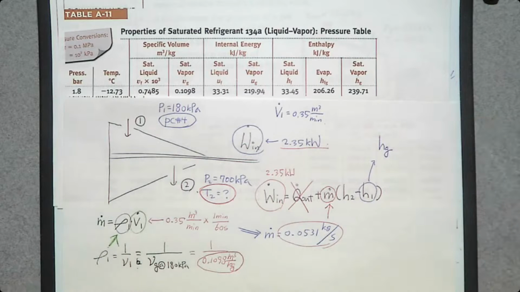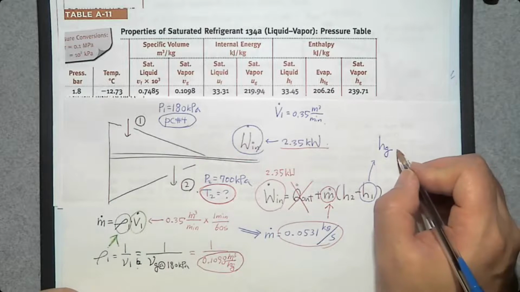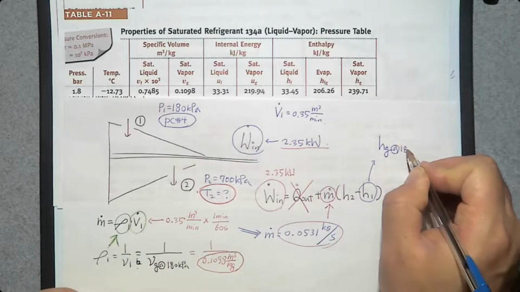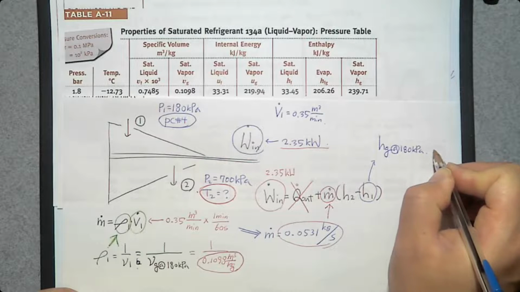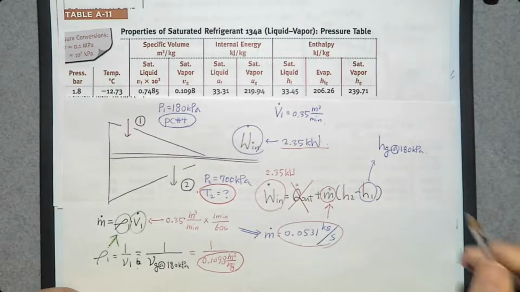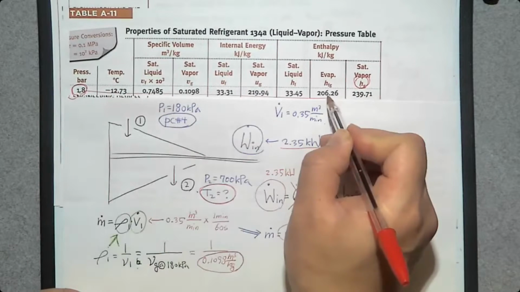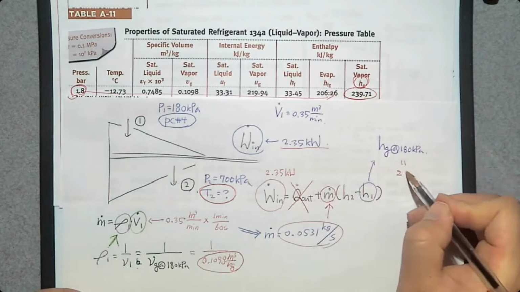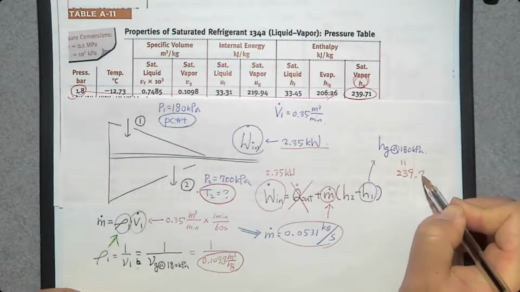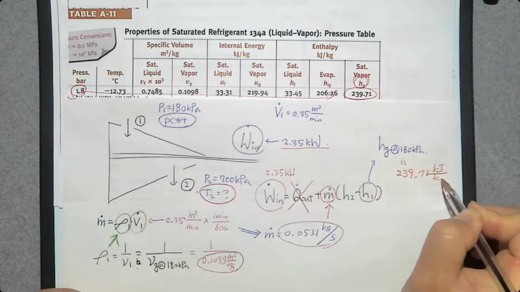At what condition? 180. So what is the value? Hg at 180 kilopascal is 239.71 kilojoule per kilogram.